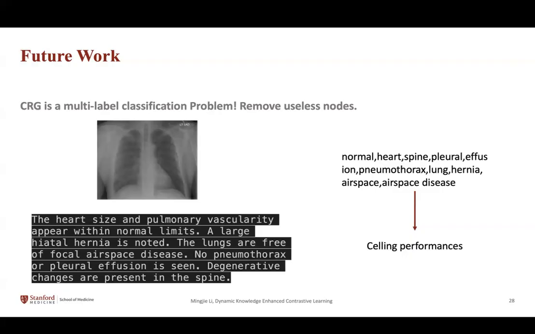I did not show more details, but the concept is this: right now everyone uses large language models as the decoder to generate reports, right? And the most important thing in using a large language model is to give it a very good prompt. If this prompt can contain these keywords, the large language model can help us generate a very good report.